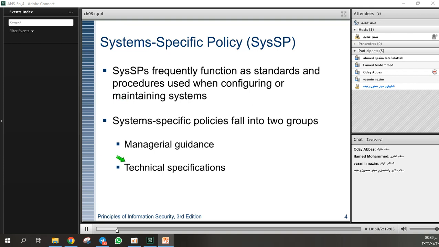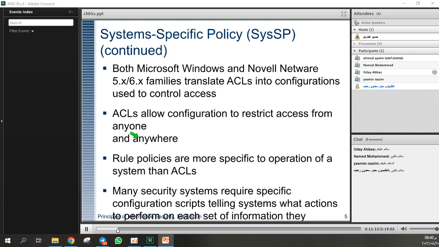Technicians use that system, so I need some documents and policies, specifications for those technicians who use that system, and also I need some top-level policies and documents for the manager of those specific systems. Okay.